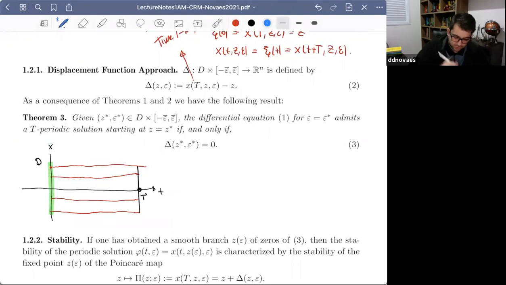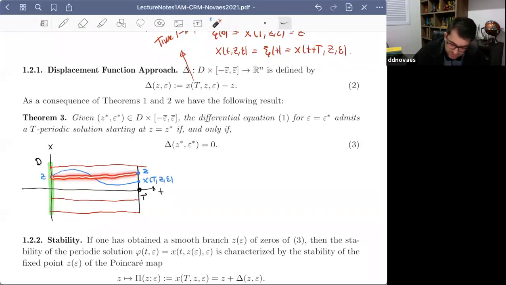If I consider an initial condition z and flow it by the trajectory of our differential equation, then this is x(T, z, epsilon), this is z, and this is also z, because this trajectory is constant, just a straight line.